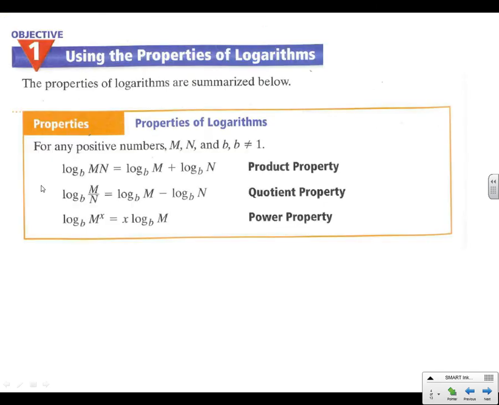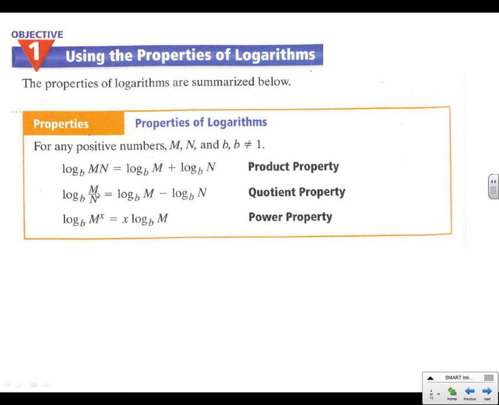Okay, so these are the 3 properties you need to know. Write them down in your notes. Pause this video if you need an extra second. The product property: if you have the log base b of some number times another number, something times something else, we can split it up into 2 separate logarithm problems. Log base b of m plus log base b of n.